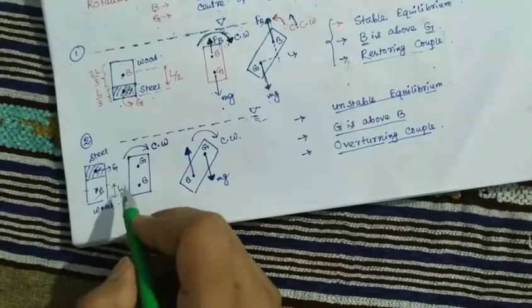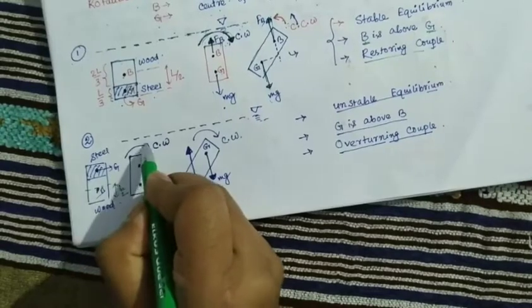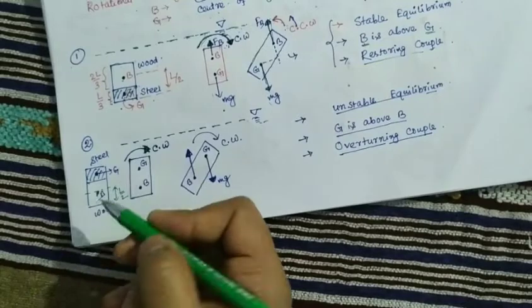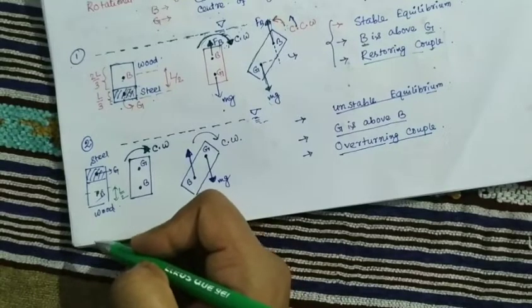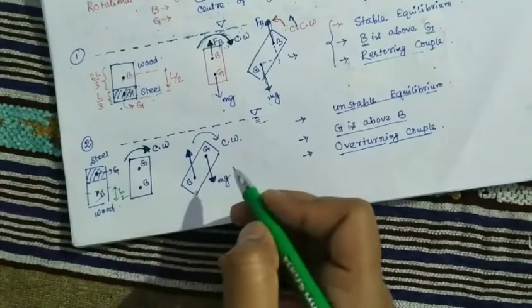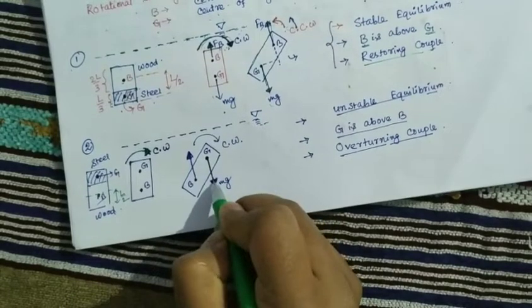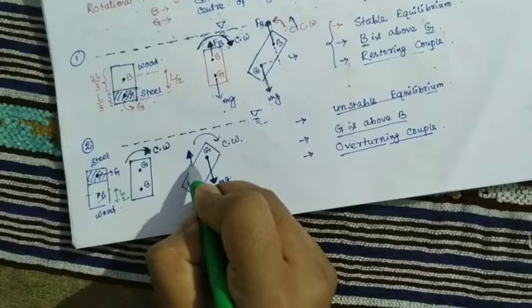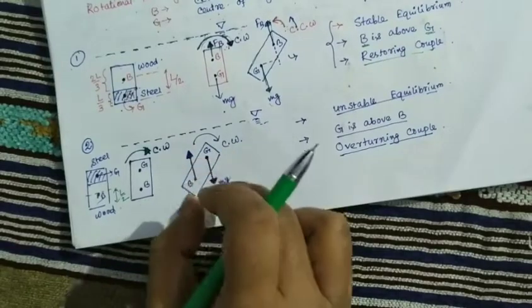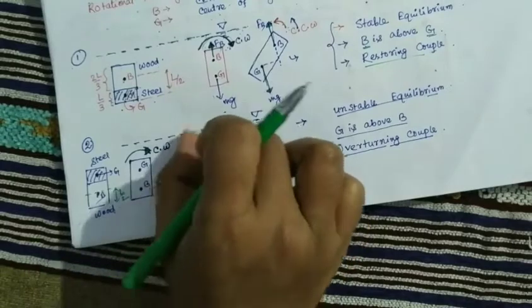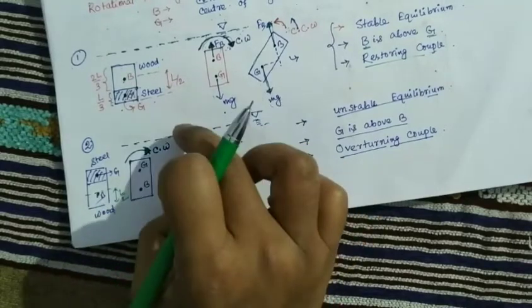Again I am giving some clockwise rotation. Then what will happen? The body weight will act downward and the buoyancy force will act upward, so the body will also go in the clockwise direction.